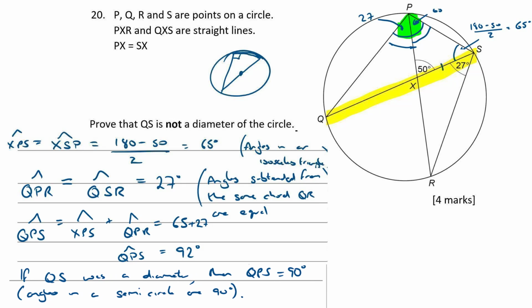It's 92, isn't it? But as angle QPS equals 92, then we can say that QS is not a diameter. Okay. So I've been clear there exactly what angles I've found and also why I don't believe QS is a diameter, and that should be enough to get me all 4 marks.